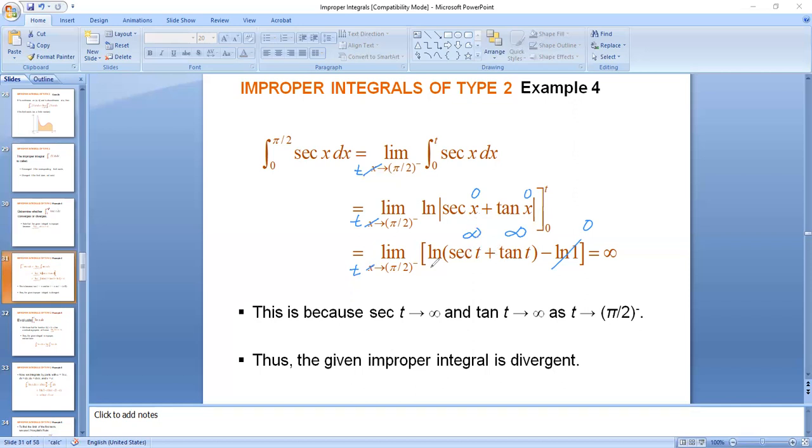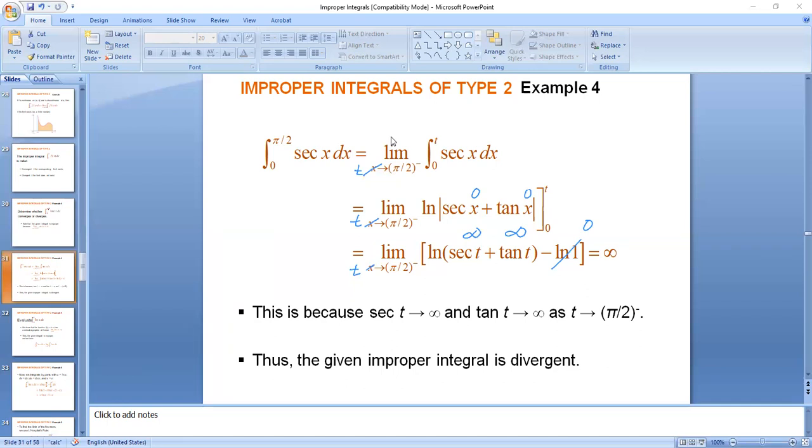Because this is secant, and secant is 1 over cosine. If the cosine of 90 degrees is 0, then the secant is 1 over 0, so that would now be infinite.